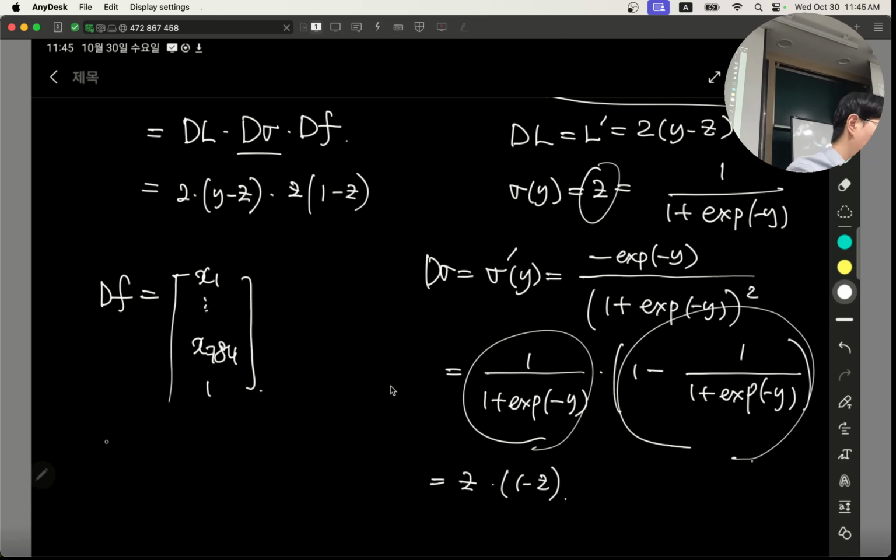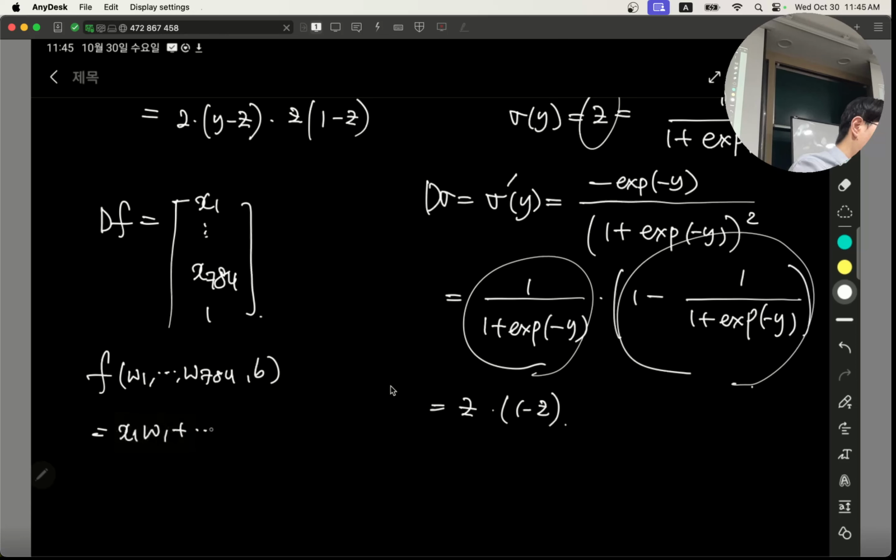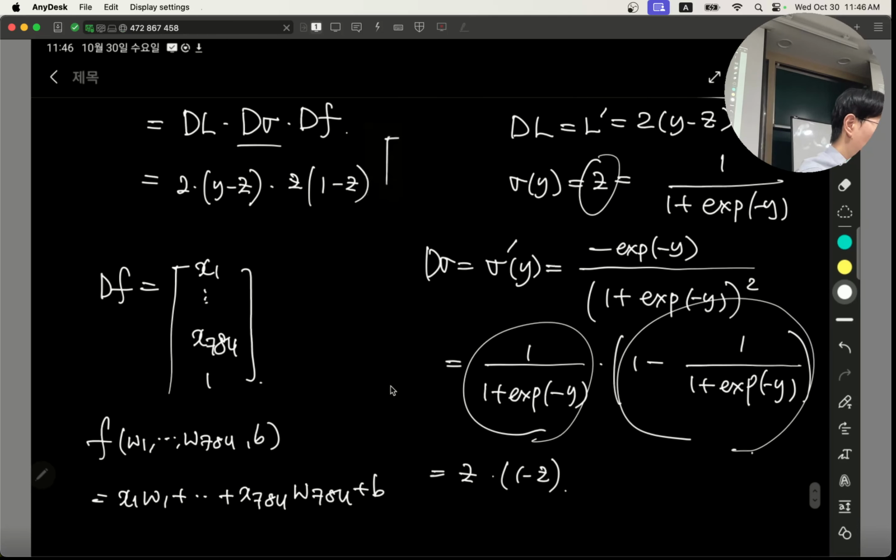Well, f of W1 to W784 and B is x1 W1 plus ... plus x784 W784 plus B. You simply take the partial differentials on each W and B. What you get is the coefficient of each W and the coefficient of B. So that's x1 to x784, and the coefficient of B is just 1. So you get this df.